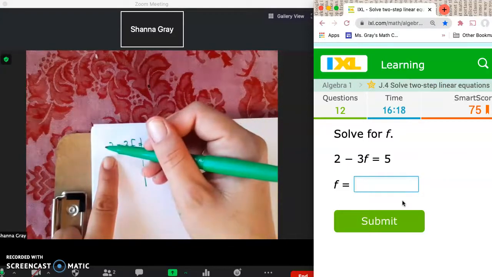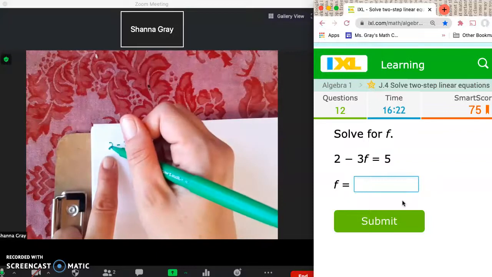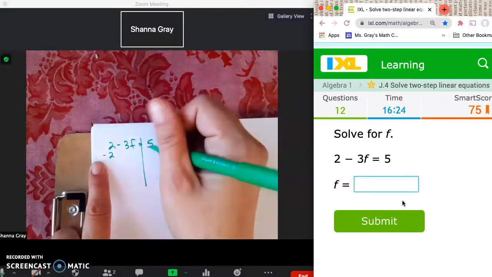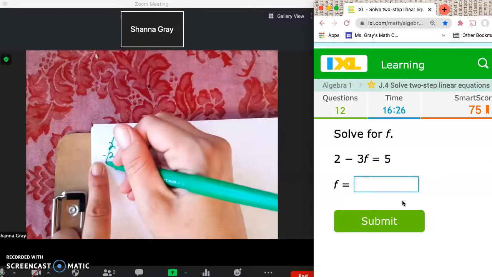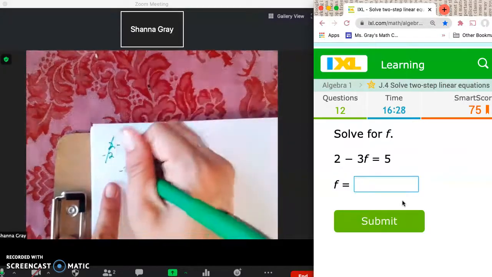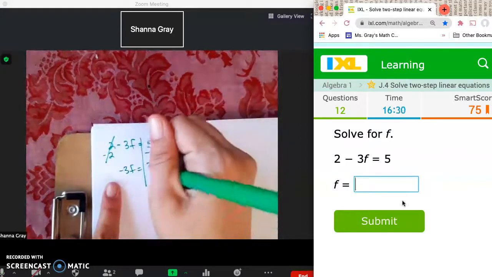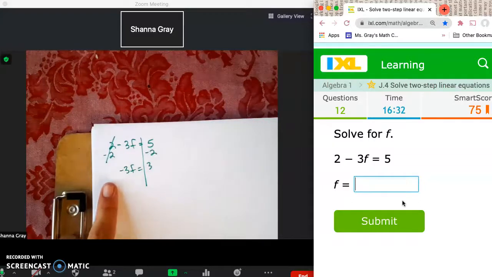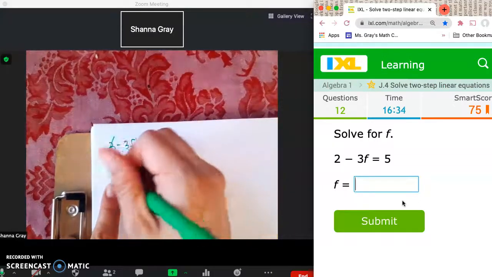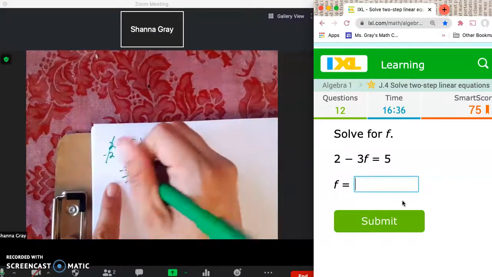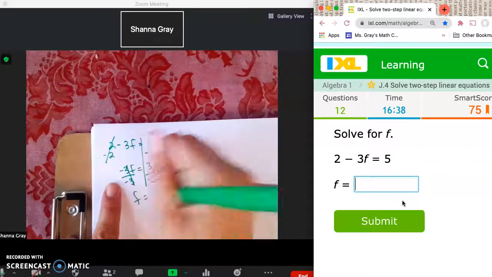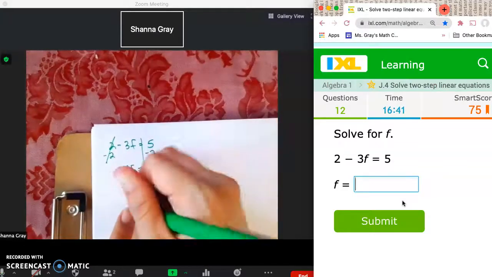The 2 here is really a positive. It's just invisible. So if I want to get rid of this, the opposite is to subtract 2 from both sides. So this cancels. This negative sign stays with my 3. And then really, negative 3 times f means I have to divide out negative 3. And I get f equals negative 1.